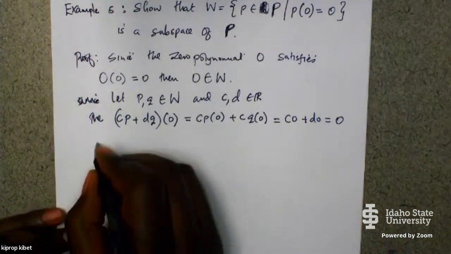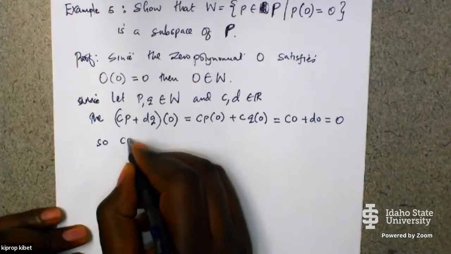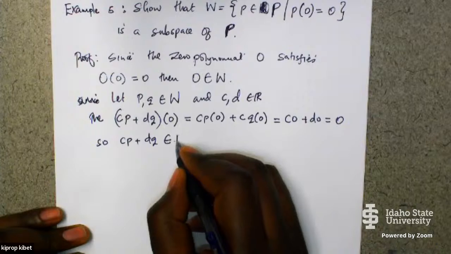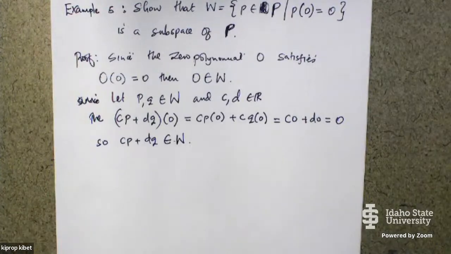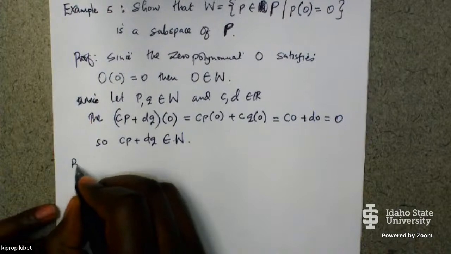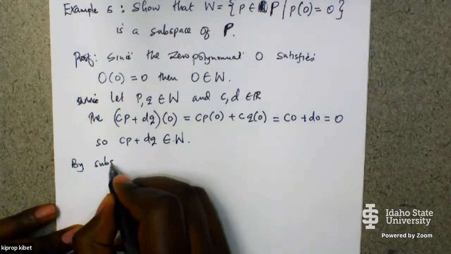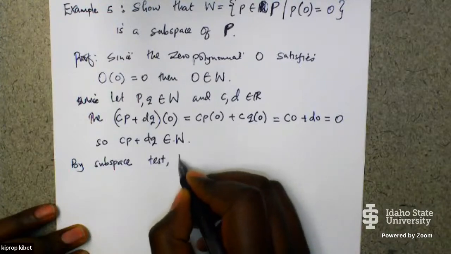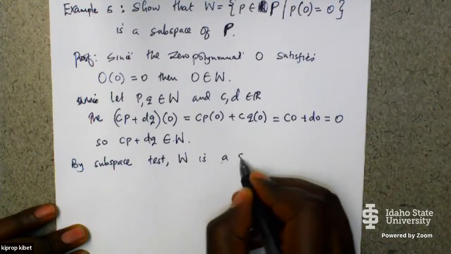So CP plus DQ is also an element of W. Therefore, by the subspace test, W is a subspace.